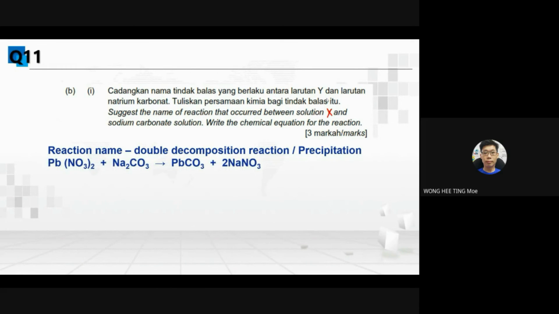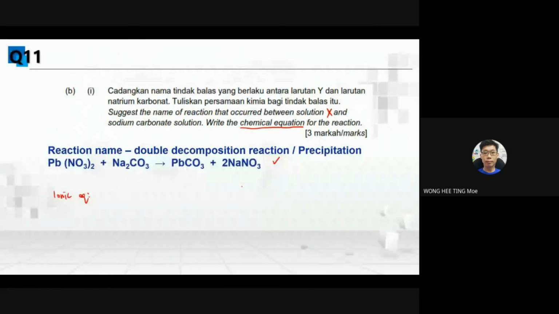Class, in the exam you have to be careful whether they ask for the chemical equation or the ionic equation. If it is the ionic equation, we focus on the insoluble, that is lead carbonate: the lead ions and carbonate ions. Very simple.